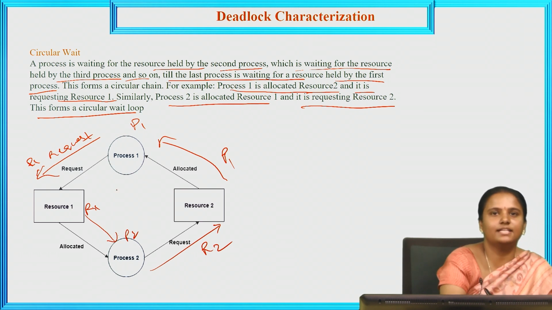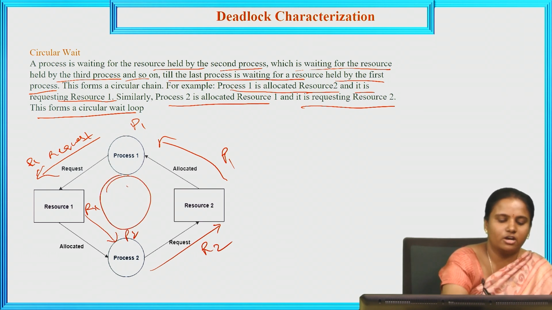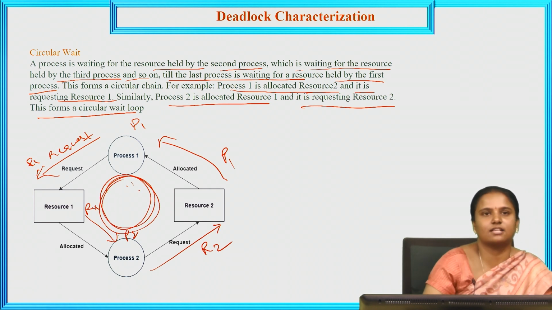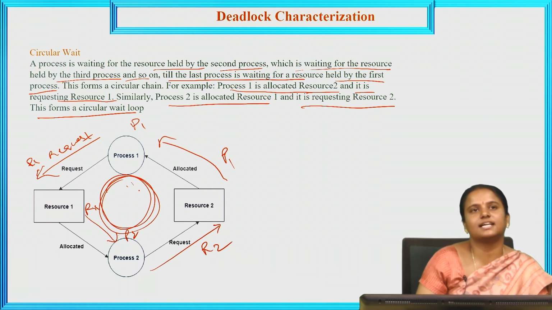It is happening as a circular wait. They keep requesting and accessing. One process is allocated, one is waiting, one is requesting, one is assigned. That is what circular wait is about.